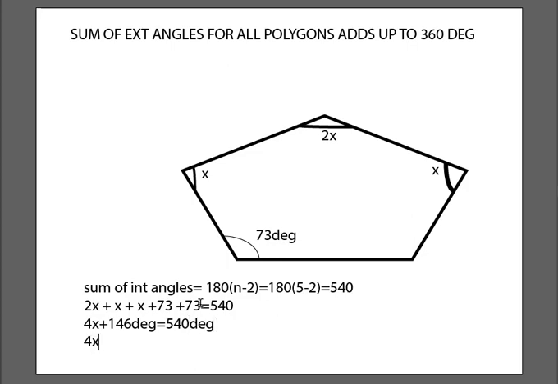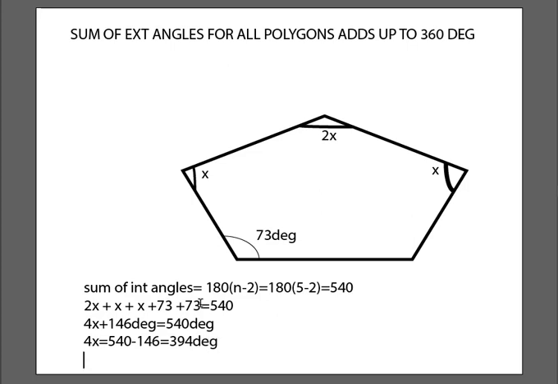4x is equal to 540 degrees minus 146. This gives you what? 400 minus 6, that's 394. You have 394 degrees, right?